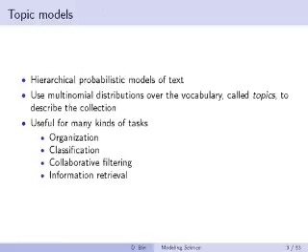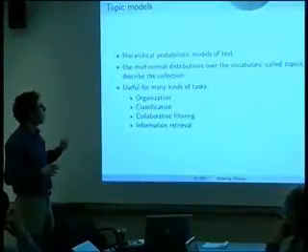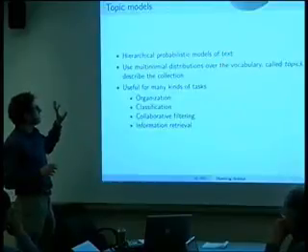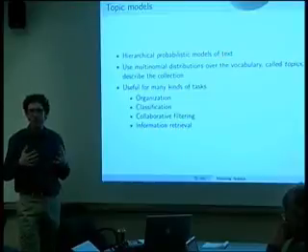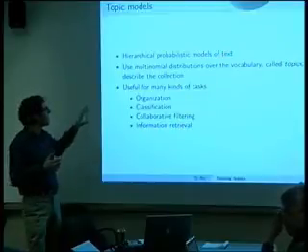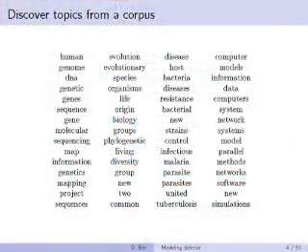To begin with, I want to talk a little bit about topic models in general. Topic models are hierarchical probabilistic models of text where we use multinomial distributions over the vocabulary, called topics, to describe a collection, some small set of them. And these are useful for lots of different kinds of things. For example, you can automatically discover topics in a collection of documents like this.